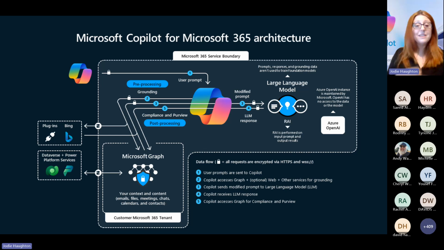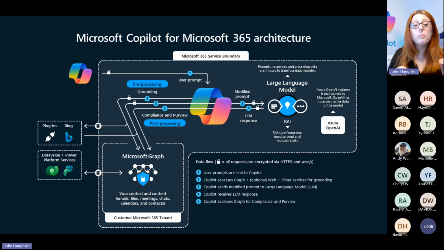Because for one person, you're going to have access to all of the information about that project. For someone else, they might just get, yeah, this is a project that exists. If they don't have access to anything about the project at all, then Copilot won't even come up with anything for them. So it's going to work with the permissions you have on your tenant, and it's only going to surface what your users would have access to within this data boundary.